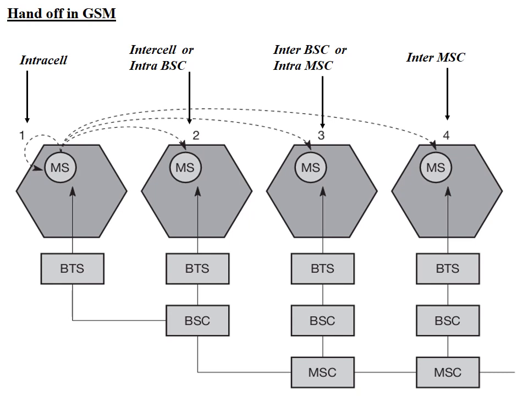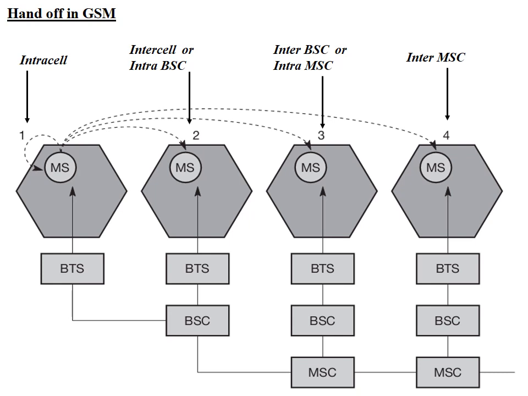This is a typical handoff scenario. The mobile station moves from one cell to another cell, but stays under the control of the same BSC. The BSC then performs the handoff by assigning a new radio channel in the new cell and releasing the older cell's channel. Such a handoff is called an intercell or intra-BSC handoff.